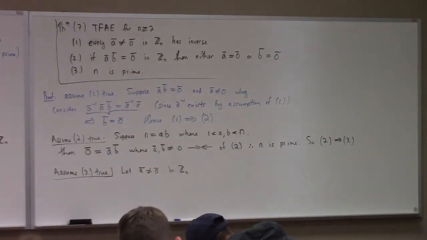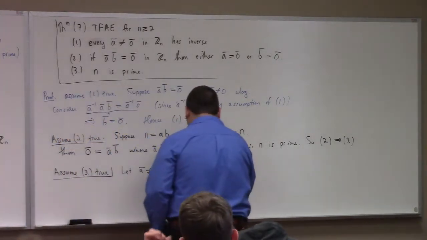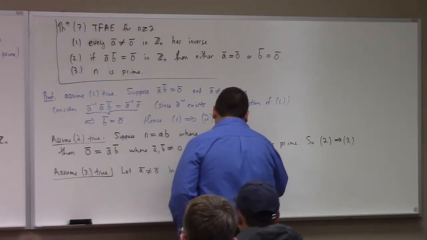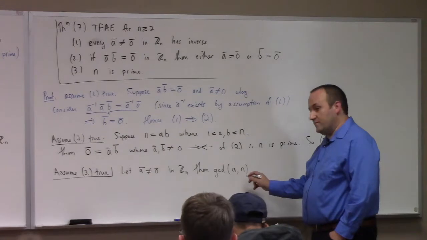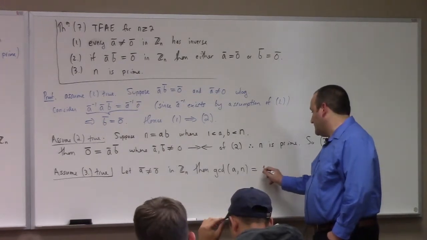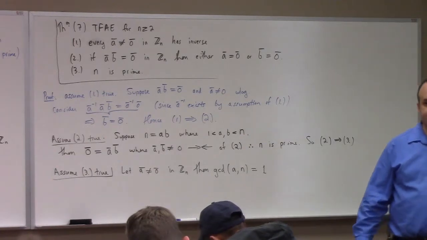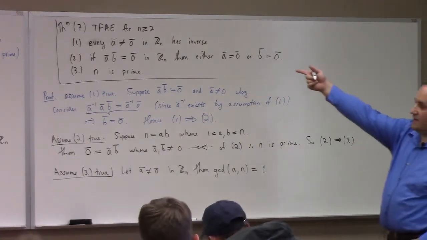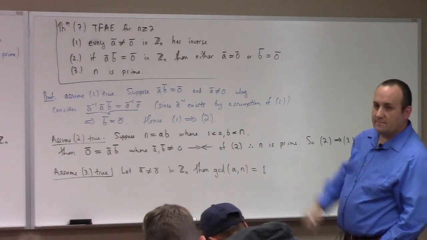Aha. Then what's the greatest common divisor of A and N? Because N is prime, right? So prime is co-prime to any non-zero number, right? Aha, but then by theorem 5, it has an inverse, right?